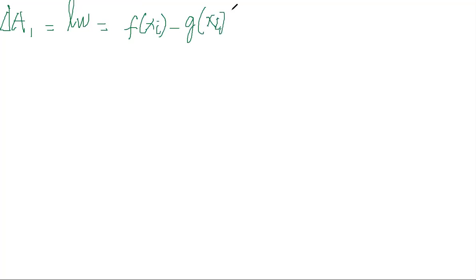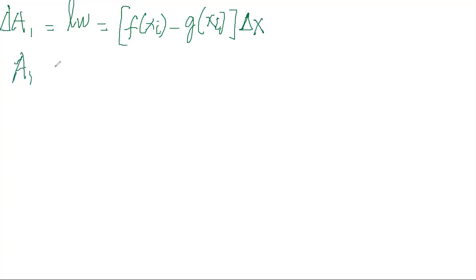Let's now solve for area 1. The change in area sub 1 is length times width. We have the length f of x sub i minus g of x sub i, times the change in x, or delta x.